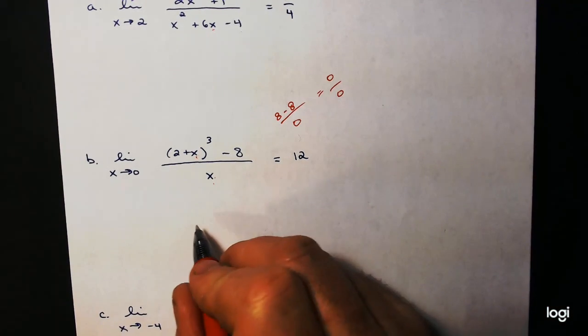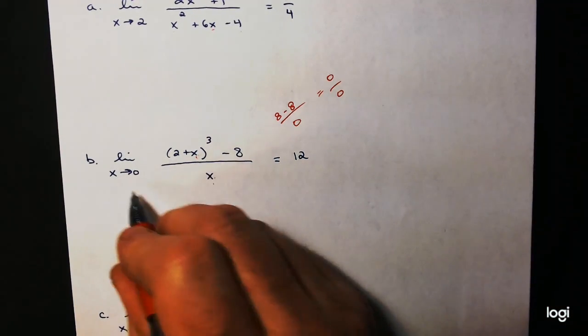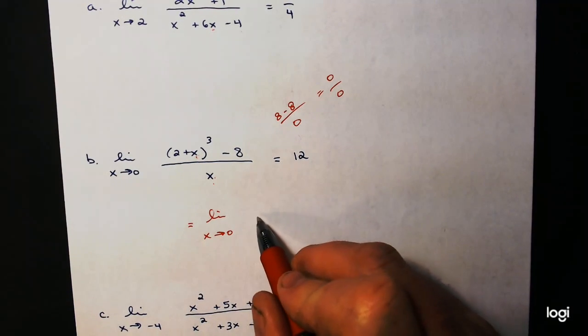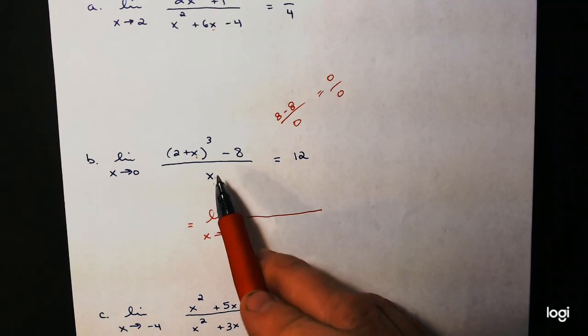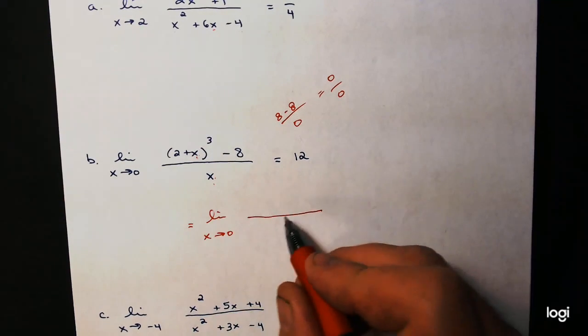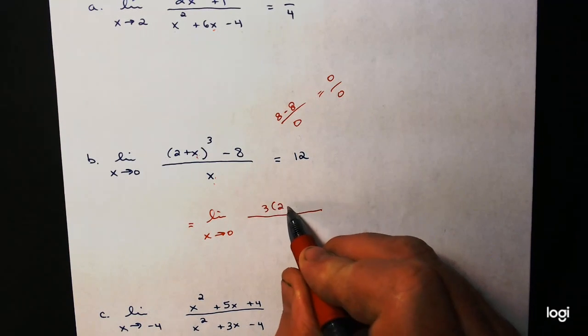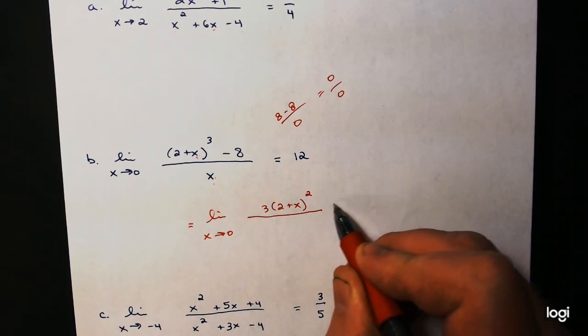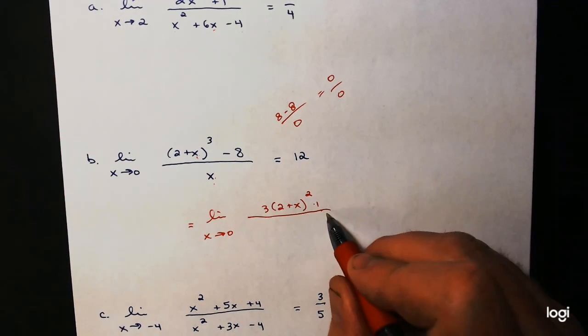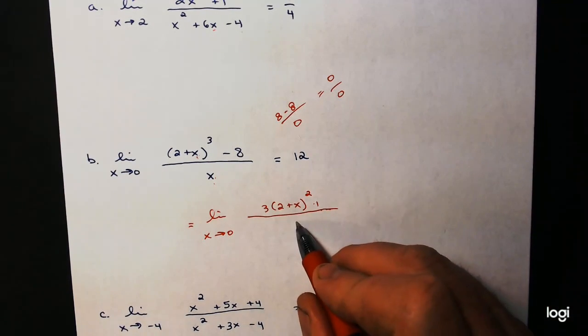It's indeterminate, so the value of this limit is going to be the same as the value of the ratio of the derivative of this function. So let's see the derivative of this, chain rule, times the derivative of that, which is 1, minus 0, so I'm not going to write that, over 1.